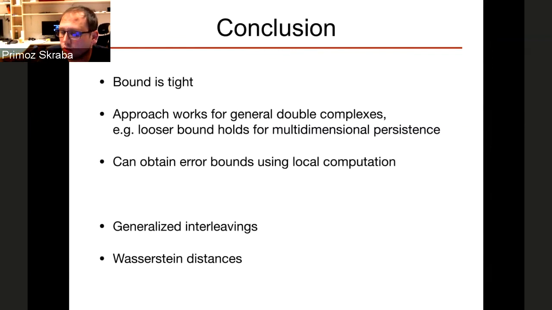So one thing I want to say is that the starting point of the analysis is this double complex. And double complexes don't just appear in this case, but much more generally.